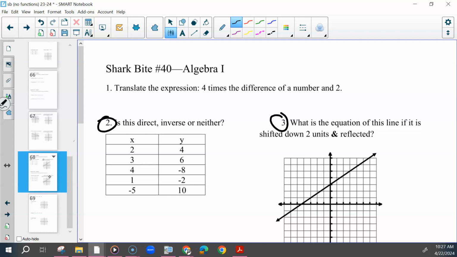Okay. So for number 2, we can use Desmos and put this in.